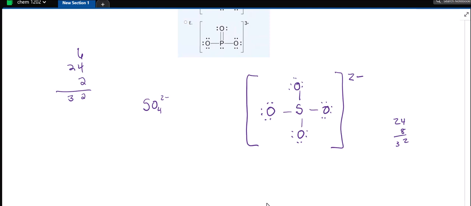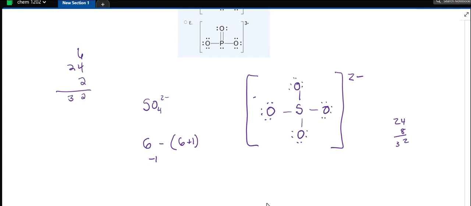But let's figure out formal charges on things. So formal charges, you take the number of valence electrons it normally has, and you subtract the number of electrons it has around it, and each bond counts as 1. And so for each oxygen, you would have 6 minus, and they've got the 6 electrons around them plus 1 from the bond, so that'd be -1.